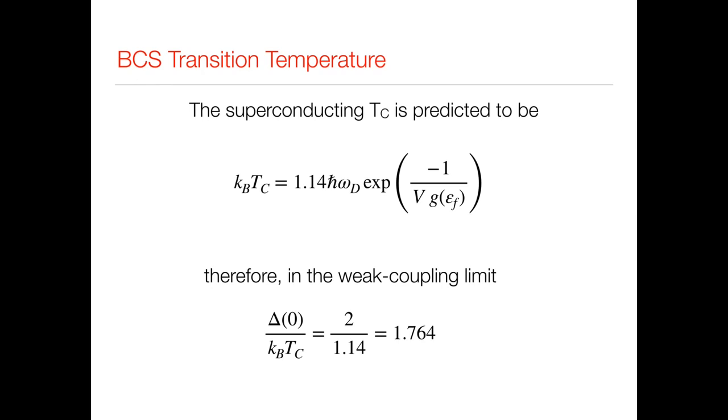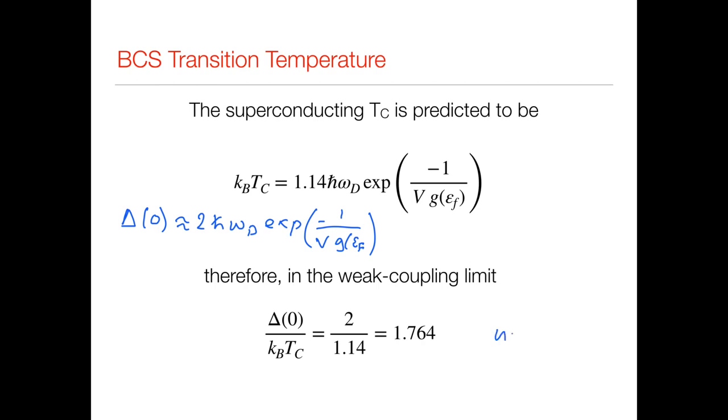In fact, if we take the ratio of those two equations, let me pop them down on the same page for you, the other one was delta at 0 is approximately 2 h bar omega D times an exponential of minus 1 over V and the density of states at the Fermi energy. If I take the ratio of these two equations, all the material constants cancel out and I just get a number.